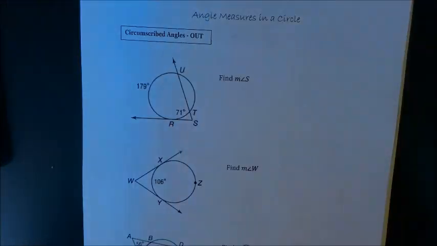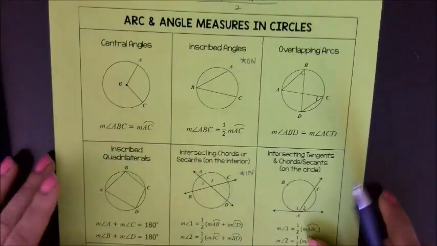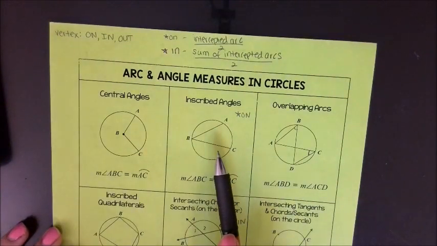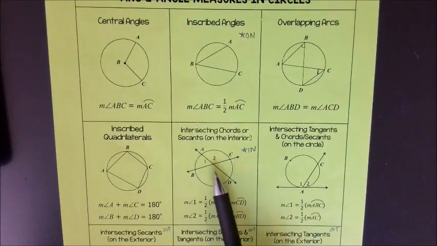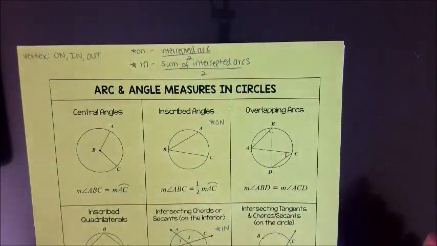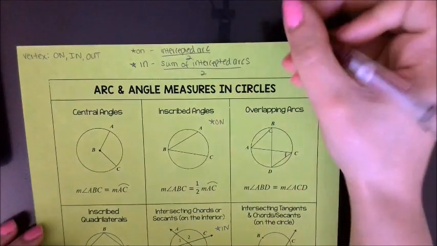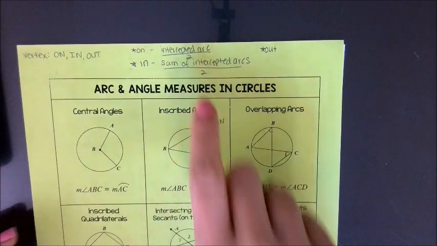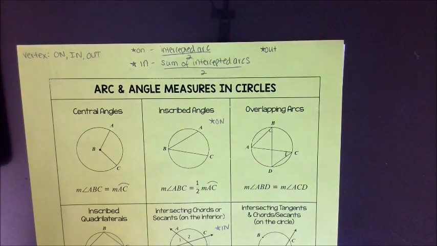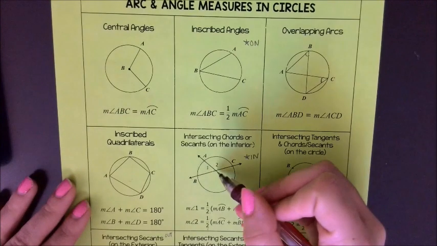Okay, so on the formula sheet here, we talked about the vertex on the circle, inscribed angles, and quadrilaterals. If the vertex is inside, now we're going to talk about what if it's out. So if the vertex is out, like it just said on the other paper, last time we added and divided by 2 if it's in your vertex.